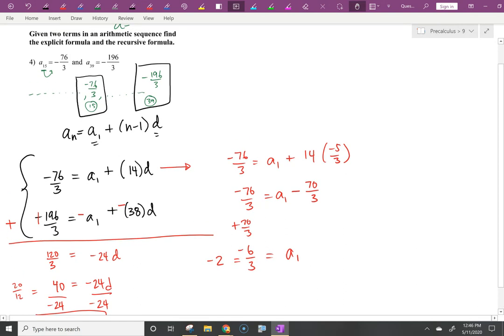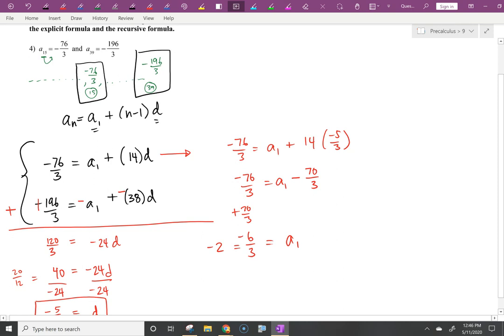So now I got the first term, which means I can make an equation for this. A sub n equals the first term, negative 2, plus n minus 1 times d, which we discovered was negative 5 thirds. Now that is the bad manners form of the explicit formula, because I could clean this up a little bit.